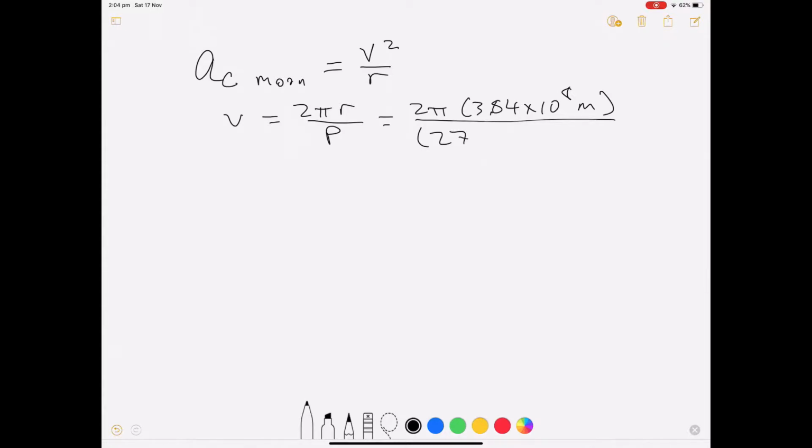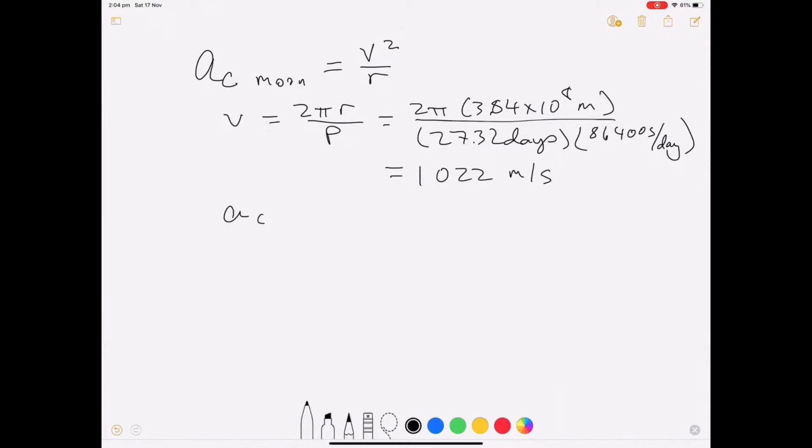The moon's is 27.32 days, but that's not a particularly useful unit, so we use 86,400 seconds per day to turn that into seconds. And you find that the velocity for the moon is 1,022 meters per second.